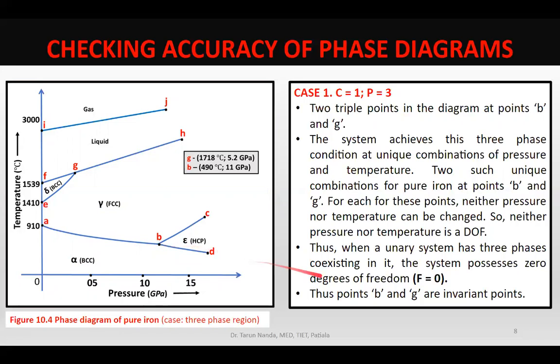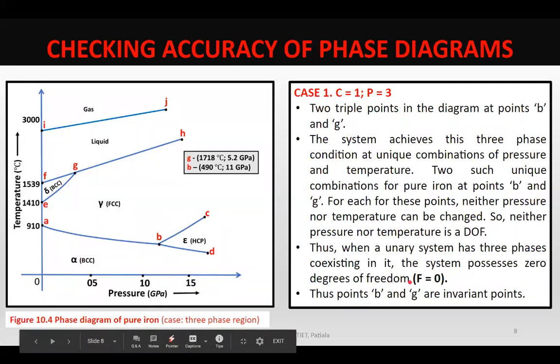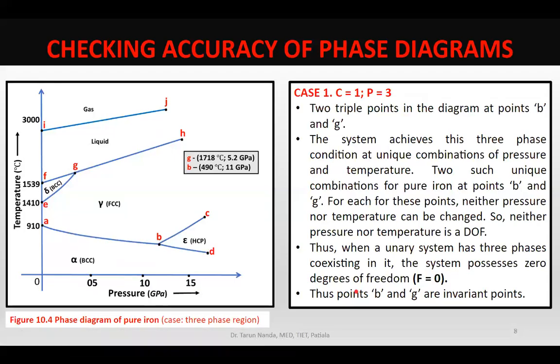And even if you find it out using the Gibbs phase rule, P plus F is equal to C plus 2, when you put P equal to 3, F comes out to be 0. So there is complete parity. So what we have seen is that for all the different types of regions existing in this equilibrium diagram, when I find the results for degrees of freedom from the diagram and then from the Gibbs phase rule equation, there is complete parity in the results.